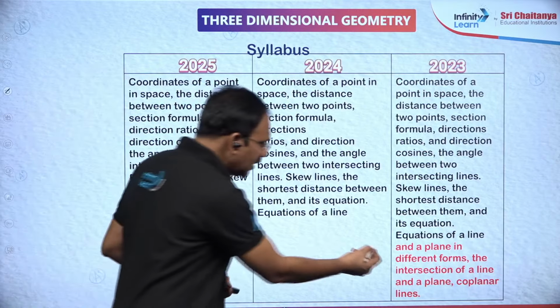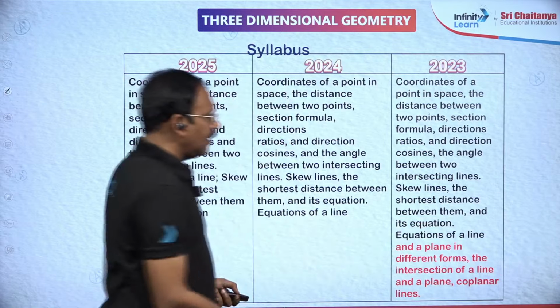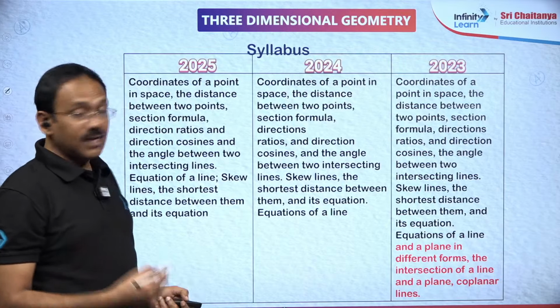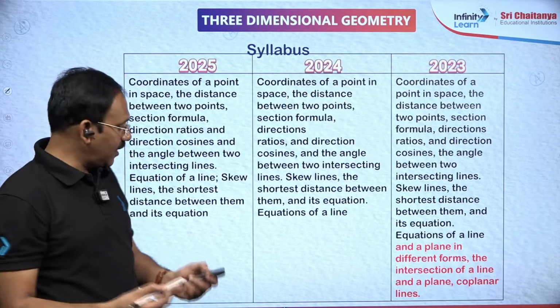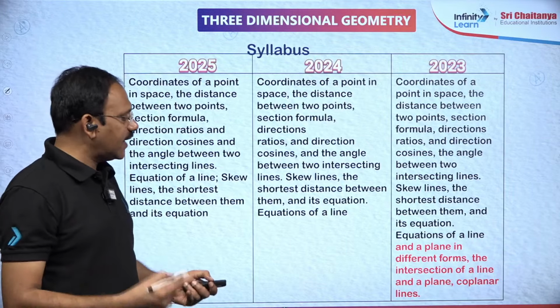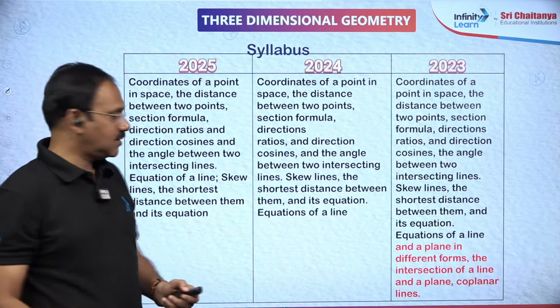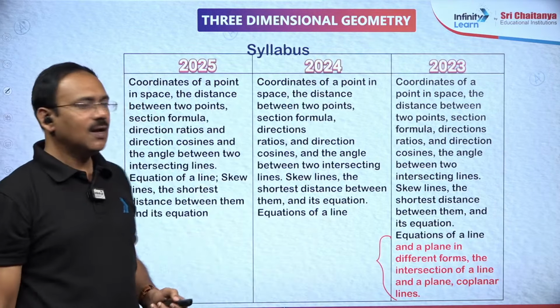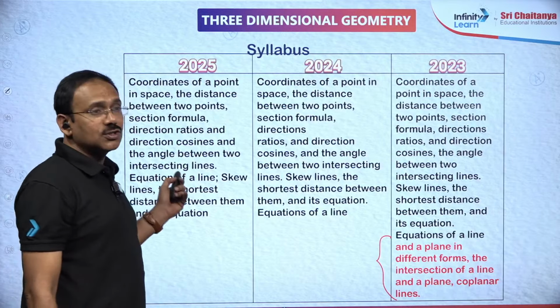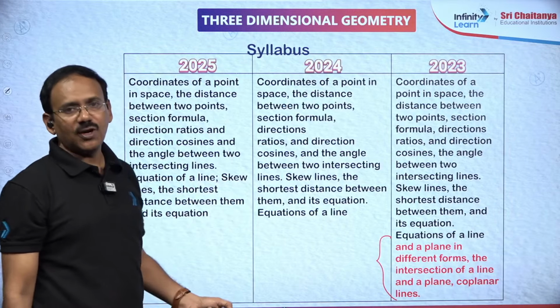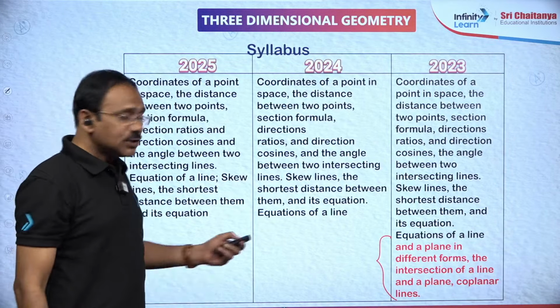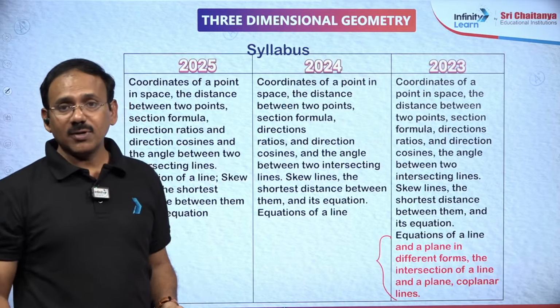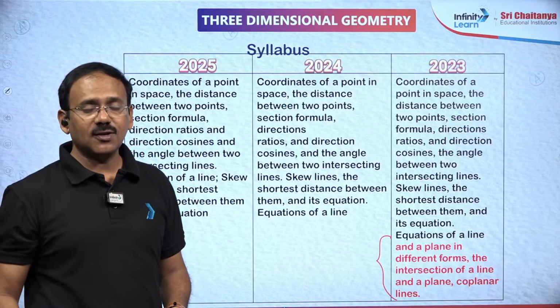Then additionally he mentioned a plane in different forms, equation of a plane in various forms, the intersection of a line and a plane, and coplanar lines. This is the syllabus additionally mentioned in 2023, but in 2025 and 24 there is absolutely no difference. So, you can feel that 3D geometry too is a very important topic.